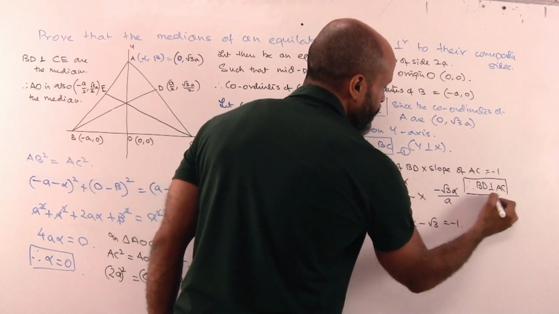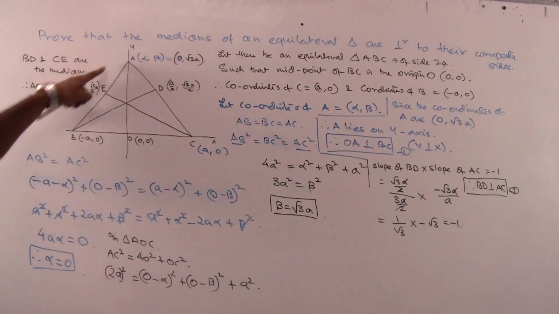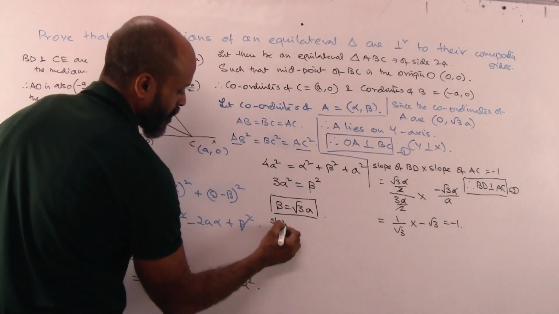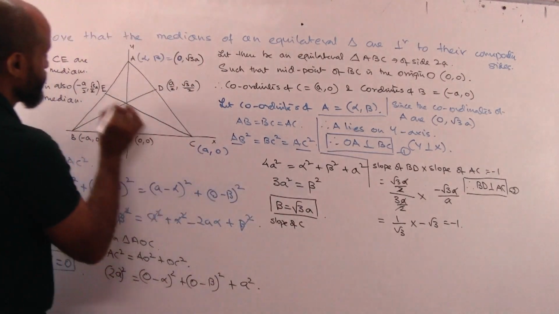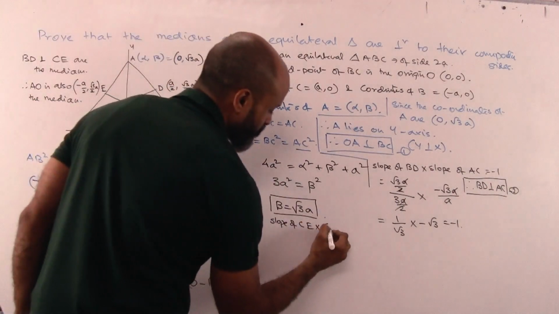This will be equation number 2. Okay, in the same way, let's say slope of CE into slope of AB.